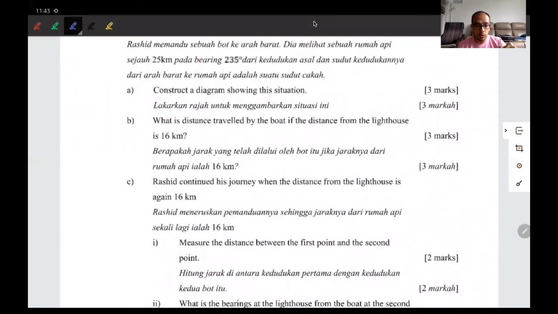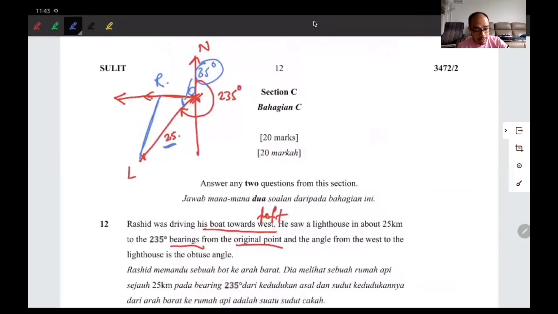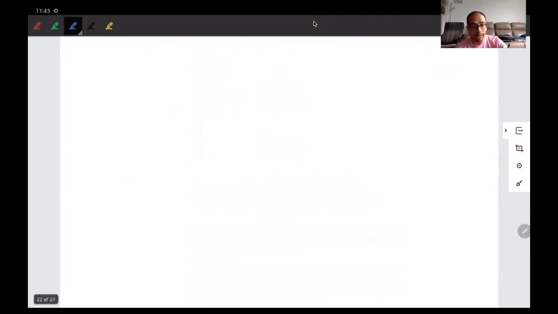So what is the distance traveled by the boat if the distance from the lighthouse is 16 kilometers? Means this is 16 kilometers. I want to know what is the distance of this. Let me put it into a proper triangle. I don't know what this is, but I know that this is 16, this is 25.